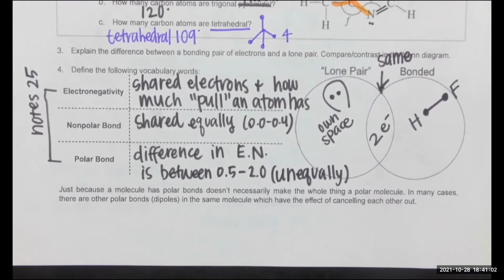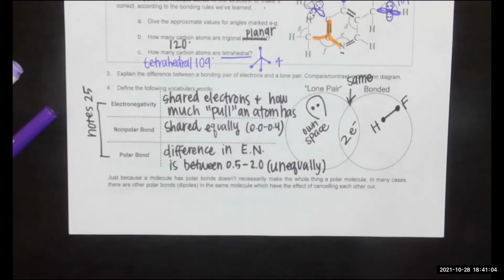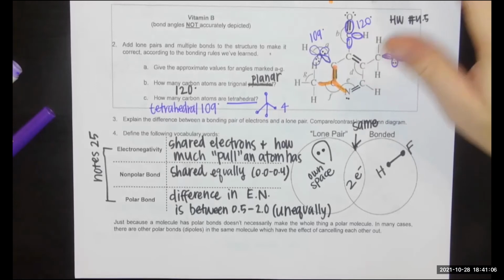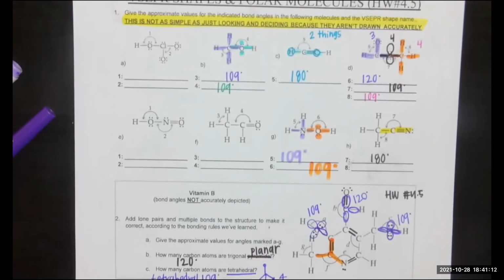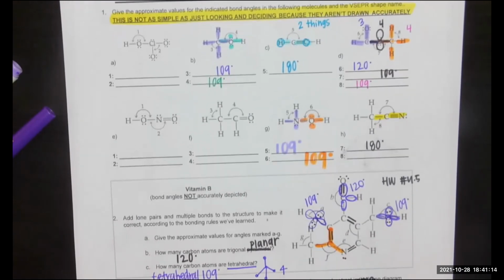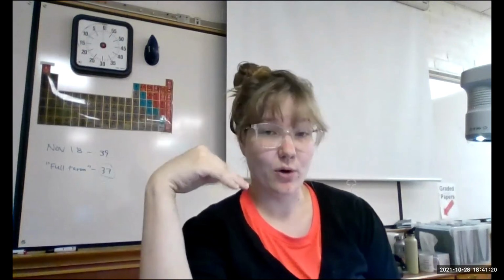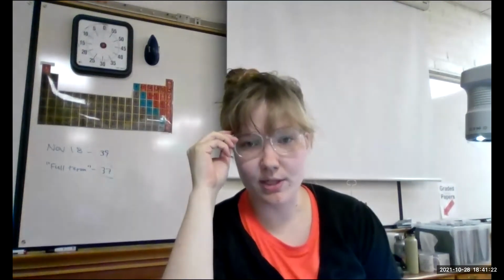So there's homework 4.5. It's kind of a random assortment of all of the steps. And the last thing left in the chapter, you would think that we would be doing 4.6. In all of your stuff, it says 4.6 intermolecular forces.